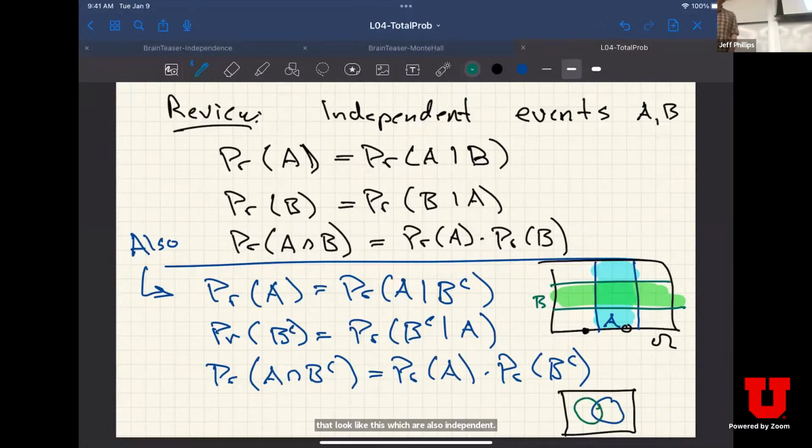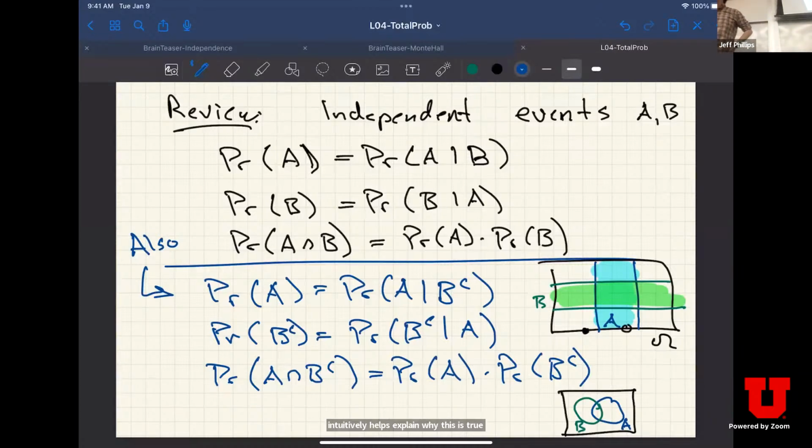Think of B and A: if A has 1/4 of the volume, and B has 1/4 of the volume, and their intersection is 1/16 of the volume, I still have the proportions equal within each of those carved out pieces. So it doesn't need to look like this X and Y coordinate setting, but I think this is useful to think about and intuitively helps explain why this is true.